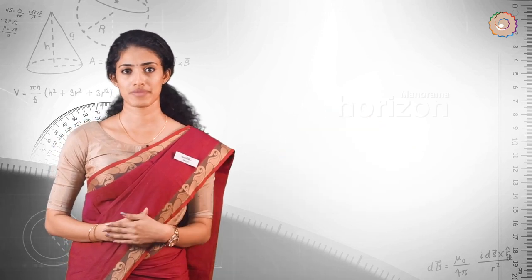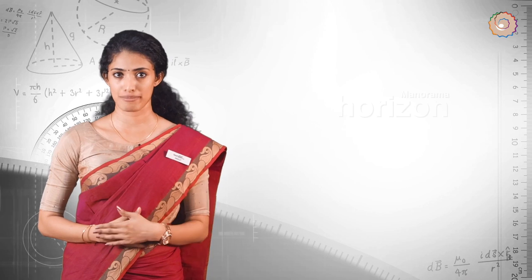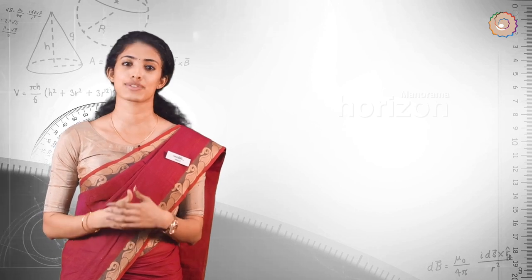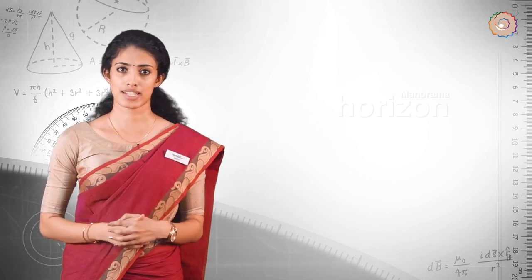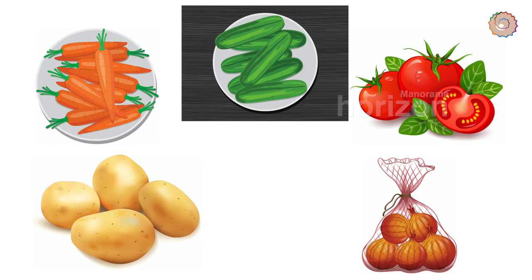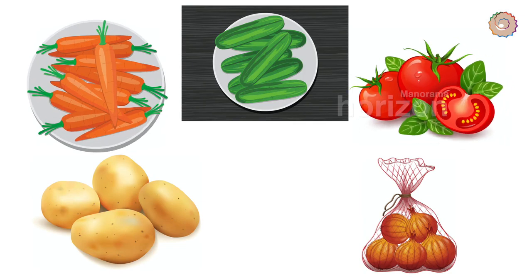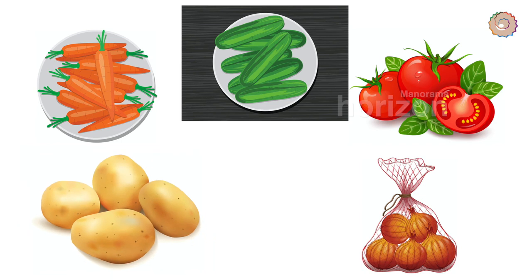What would you do? The first and foremost step of analyzing statistics is to collect the data. So here I have collected some fresh farm vegetables and I need to categorize them into tomatoes, carrots, cucumbers, and so on. And I need to have a count of each one of them too. The data in this form is called raw data.